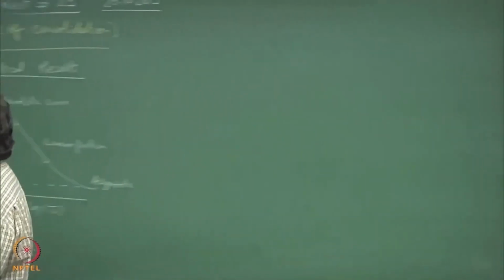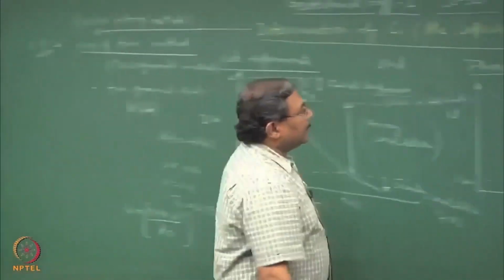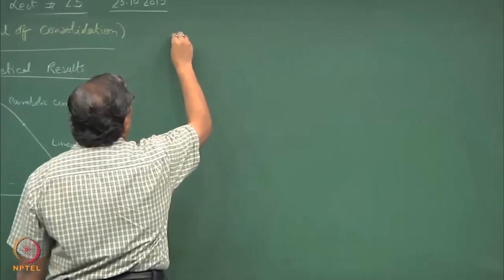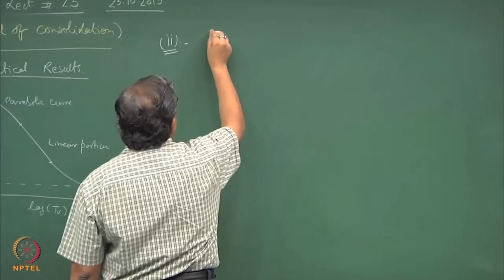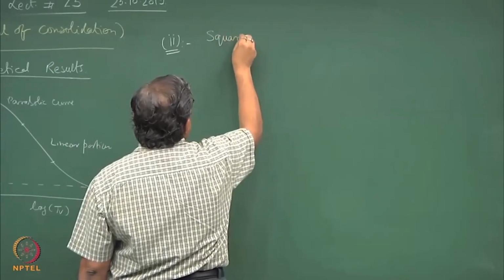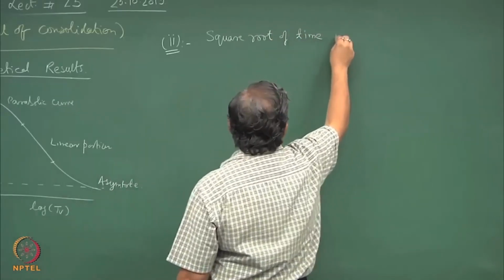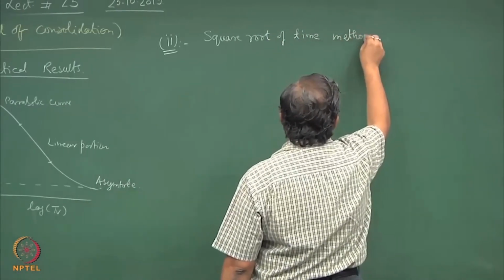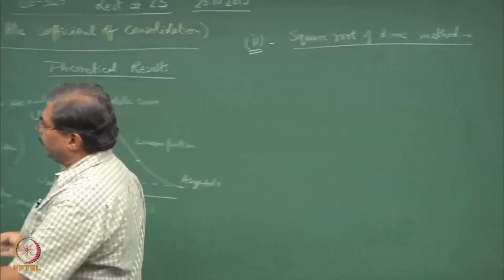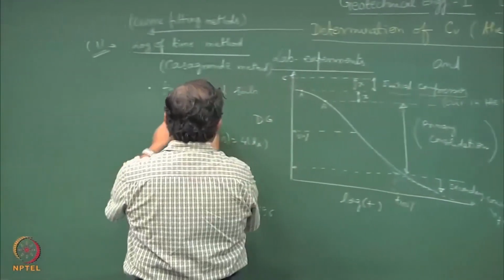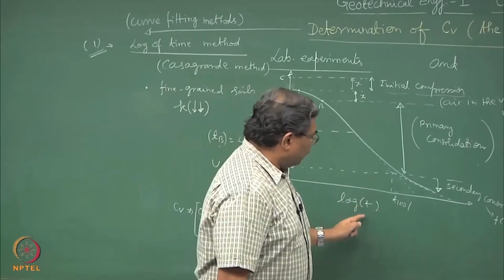So, this is the first method of curve fitting to determine the Cv value, and the second method is the square root of time. The log method was used for fine grained soils with very low permeability, where the consolidation times are going to be extremely high. We plot them on a log scale.